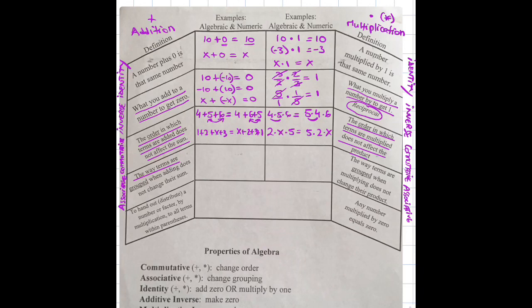The property says that the way terms are grouped when adding does not change their sum, or the way terms are grouped when multiplying does not change their product. So let's take an example for addition. 4 plus 5 plus 6 gives me the same result as 4 plus 5 plus 6, with the parentheses placed differently.